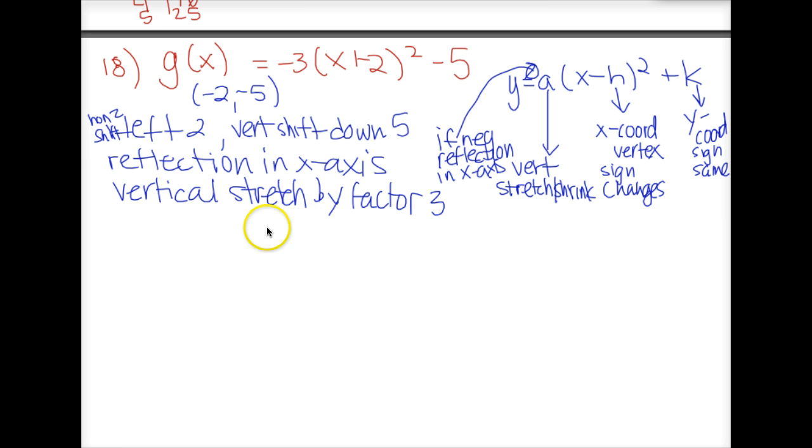So when I go to graph this, I'm cheating here because I'm working ahead in my brain to know which way this opens and where the vertex is. So that's the part of the coordinate plane that I'm drawing.